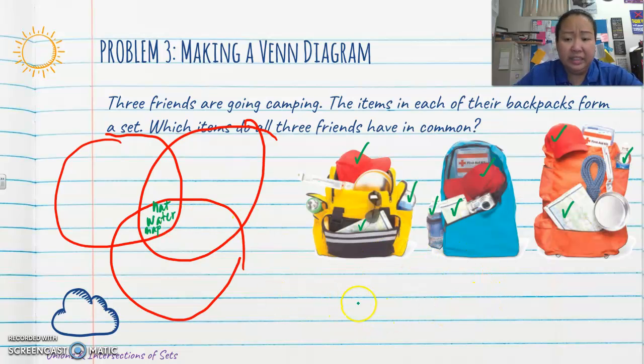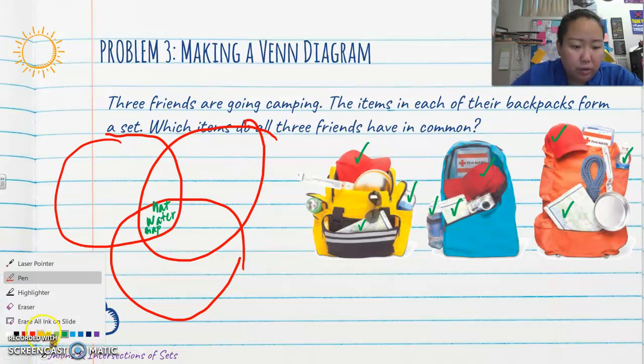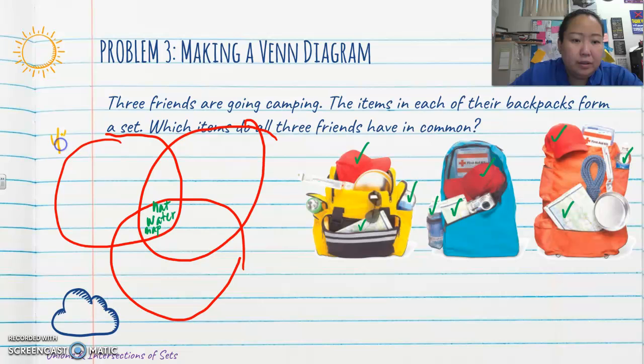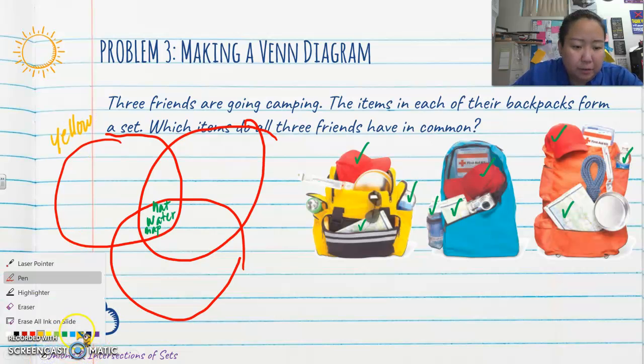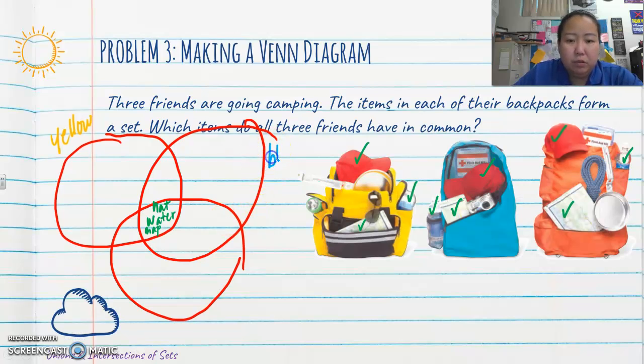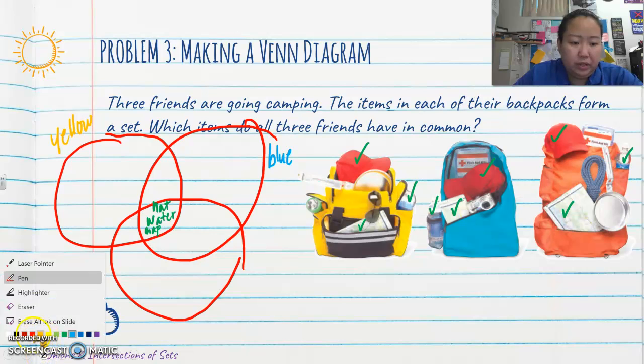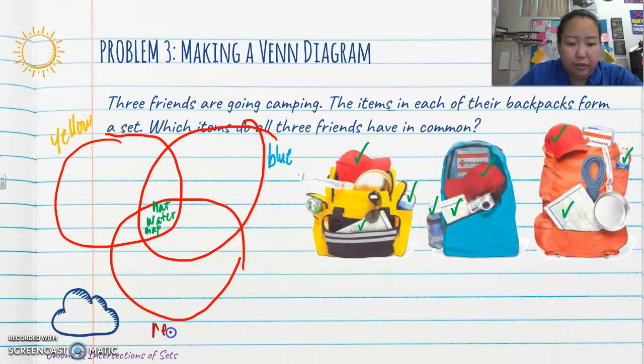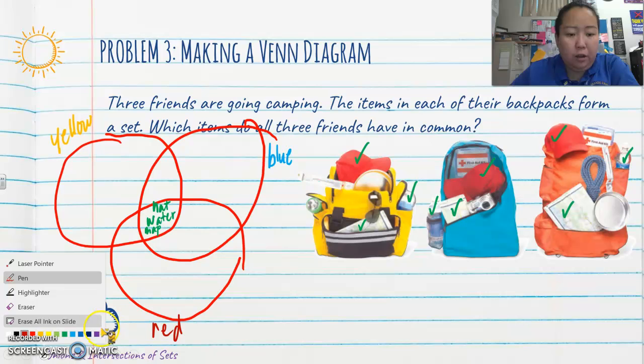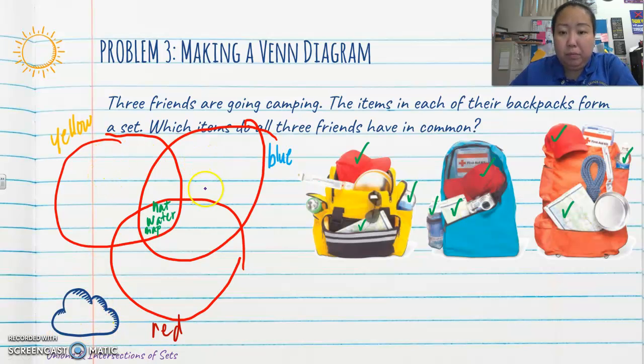Now, let's say this is our yellow bag, this is our blue bag over here, and this last one is our red bag. Let's identify whether we have anything common between the yellow and the blue bag aside from the map, the water, and the hat.